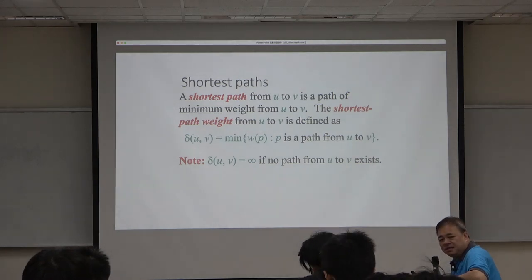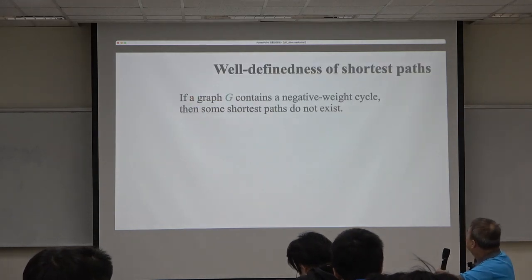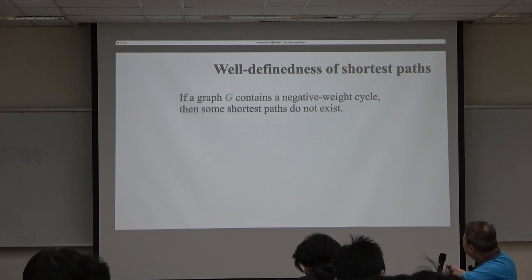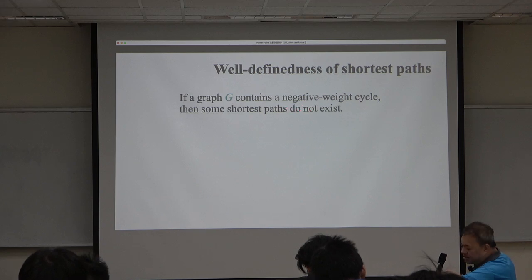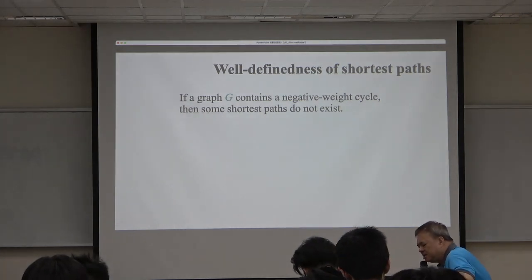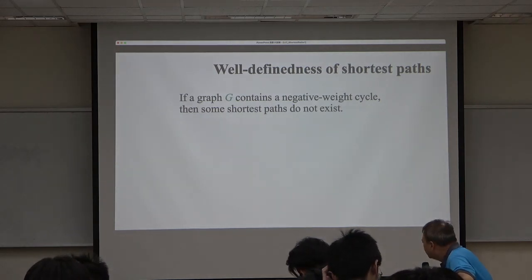So with these definitions, we also need to talk about the well-definedness of shortest paths. If a graph G contains a negative weight cycle, then some shortest paths do not exist. Why?